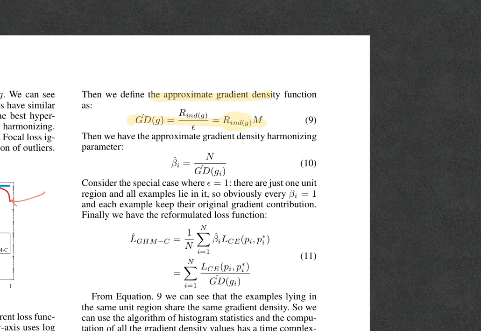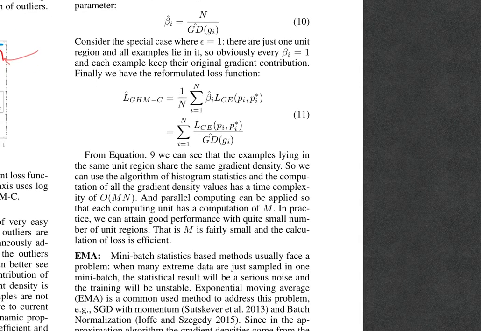But to better understand this, you can basically do R_int equals GD hat(g) divided by M. This means that GD here is, again, the number of examples with a close gradient to the example that produced this g. And this you expect to be equal to this divided by the total number of regions. This approach helps reduce the complexity to O(MN).